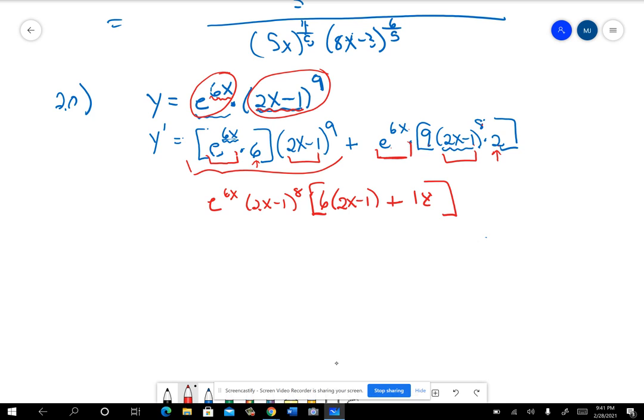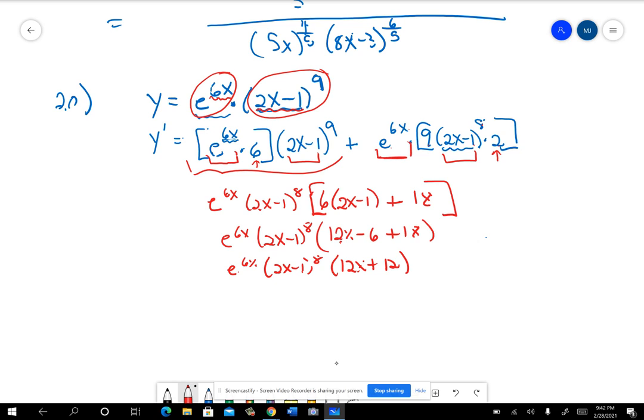And then this, I can go through here and just multiply the 6 like I need to, combine that with the 18. So that would be 12x plus 12 plus 12.